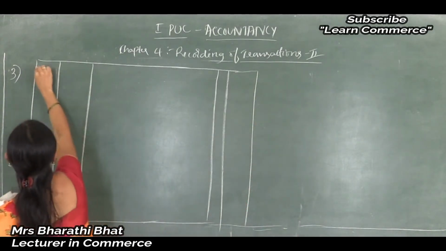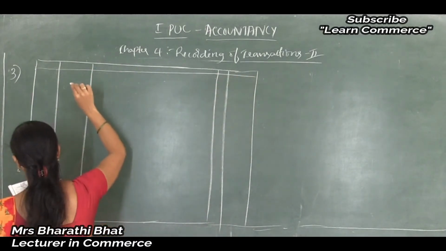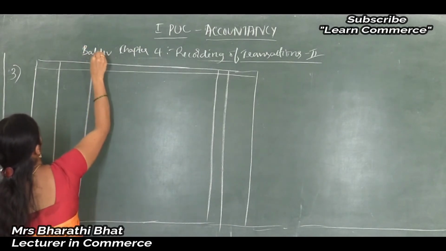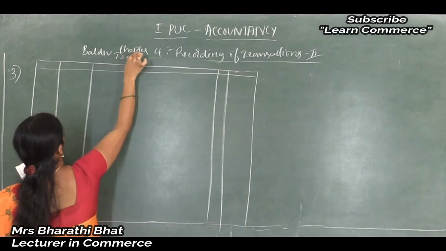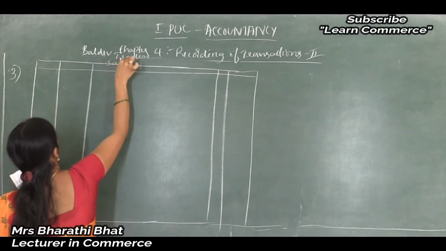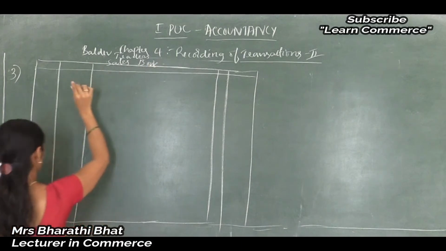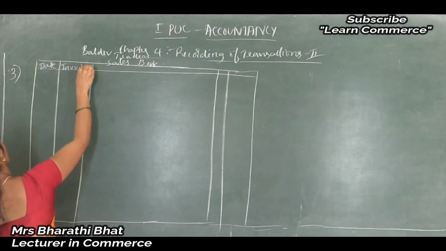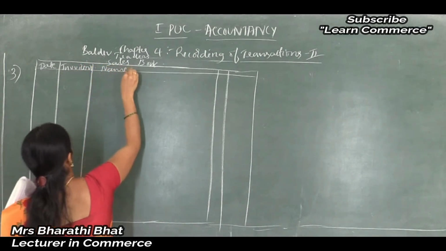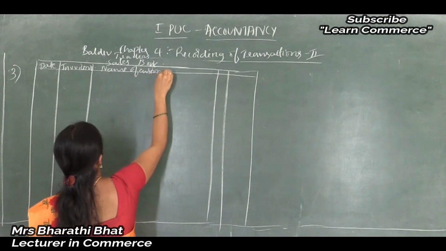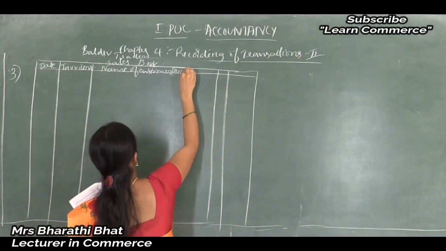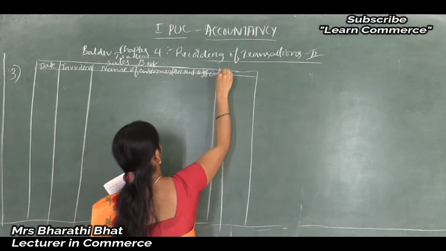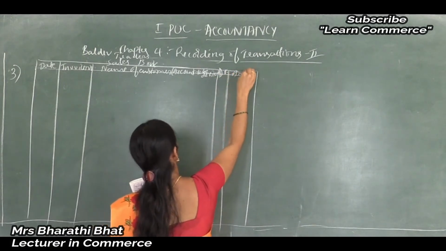So the heading, Baldev Traders, sales book, and here date, invoice number, name of customer (account to be debited), LF, amount in rupees.